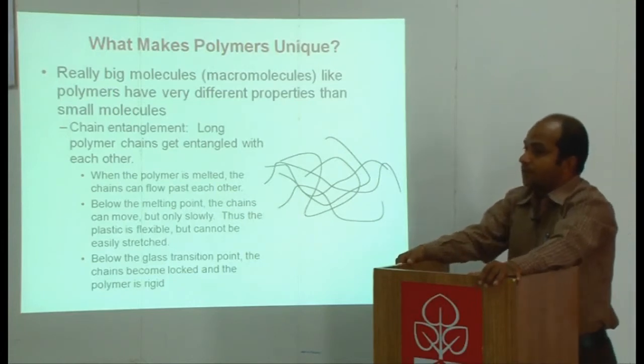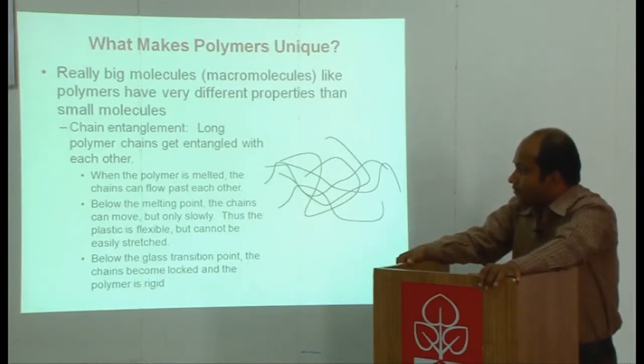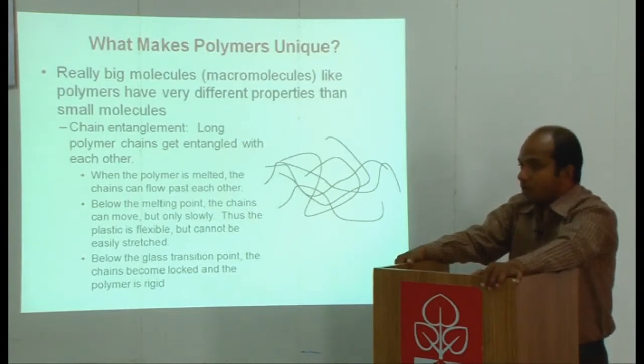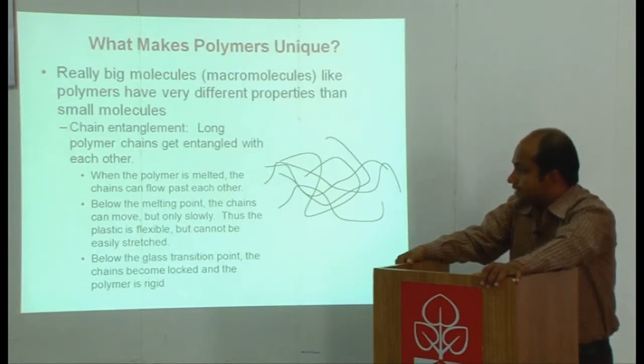Because of that disentanglement, the polymer starts to flow, but it will flow very slowly, whereas in case of a low molecular weight compound, upon heating it will melt within a very narrow temperature range once its melting point is reached, whereas in case of polymers there is no immediate melting.